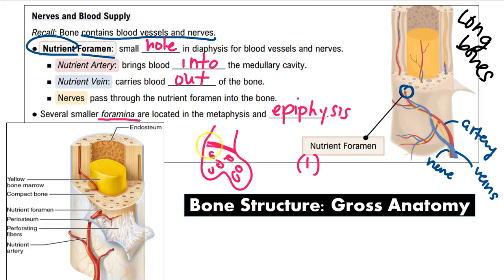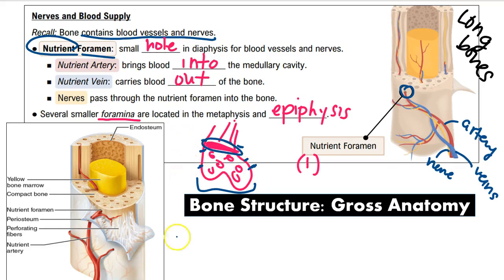We definitely might have an epiphyseal line or plate, and then we will have our diaphysis cavity here, right? Well, guess what? You can actually see smaller little foramina right where the metaphysis is or on the epiphysis. So when you're thinking about long bones, yes, they can have that nutrient foramen on the diaphysis, and then they can also have smaller foramina at the epiphysis areas or the metaphyses, where the diaphyses and epiphyses connect.